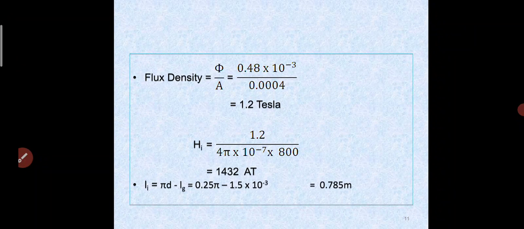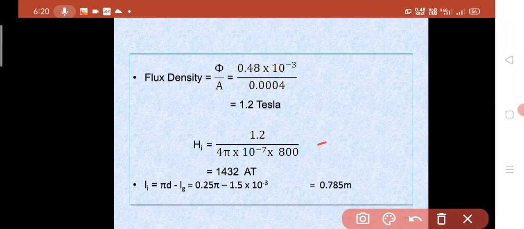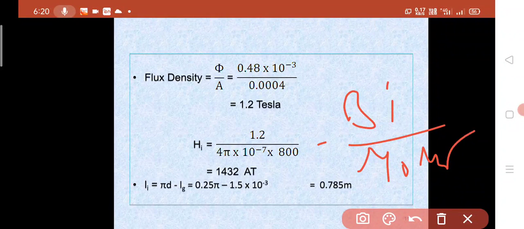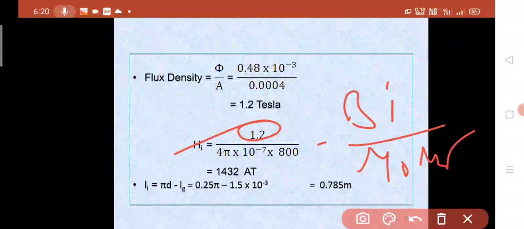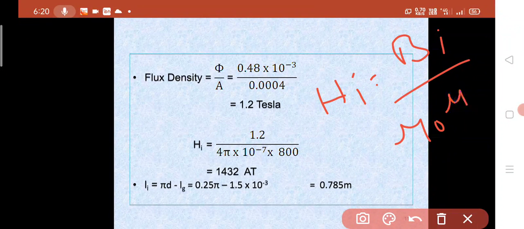Sorry, here 1.2 is the Bi. So Hi is equal to Bi by mu naught mu r.